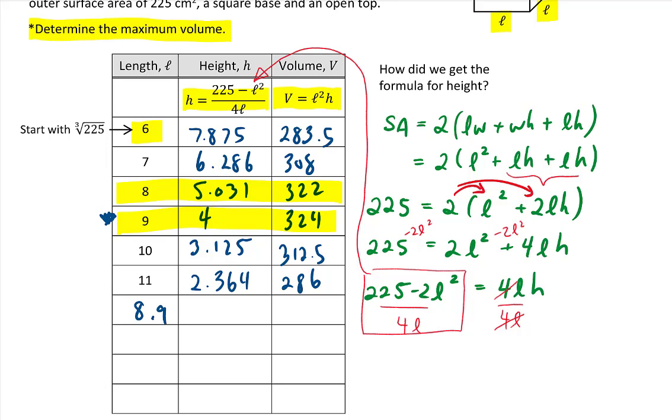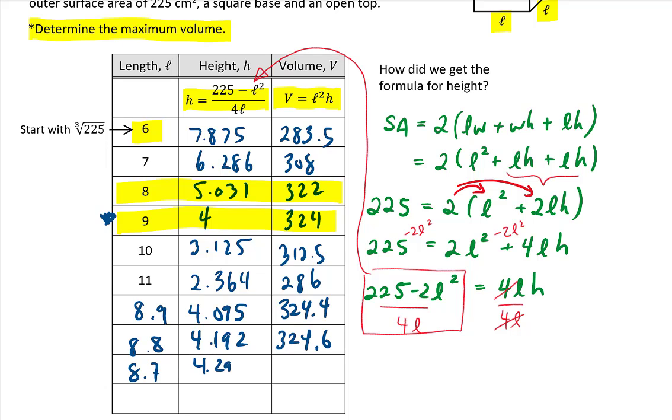So 8.9 gives me 4.095 for the height, and then when I look for the volume, I end up with 324.4. So it's a little bit higher. Then I go to 8.8, I get 4.192, which again gives me 324.6. So again, a little higher. Let's try the next one, 8.7.